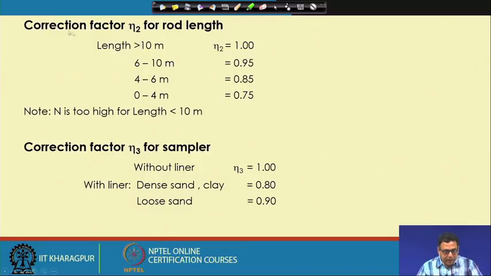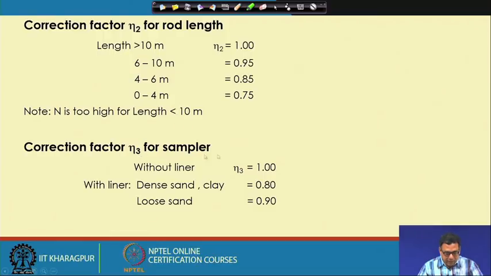Similarly, some correction factors for rod lengths are given. These are the tables: this is the rod length and this is the correction factor. This table can be used for the rod length correction.